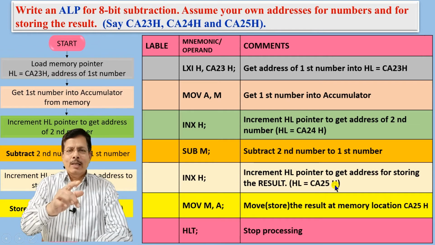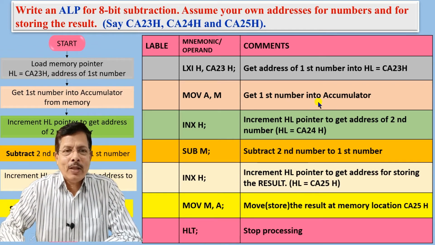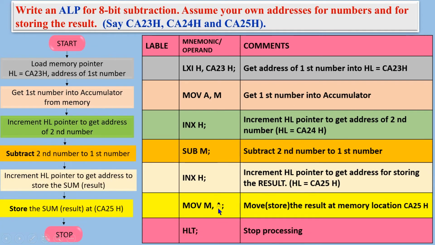That means the HL pair is ready, pointing to the location where we want to store the result, and our accumulator contains the result, and therefore the instruction required here will be move to memory from accumulator. See, I am reading MOV M, A. Unlike the previous instruction, where it was memory to accumulator, here we transfer from accumulator to memory, because we want to store the result generated in the accumulator, and it will be stored at CA25H.